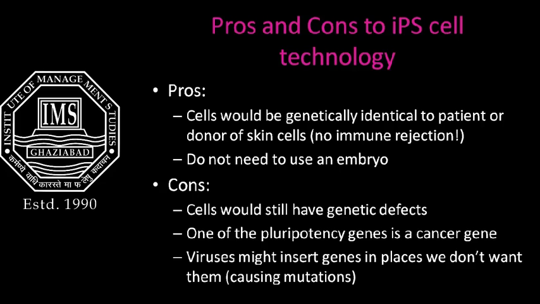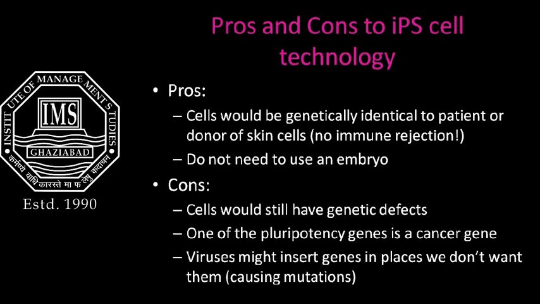This gene is used to stimulate the cells to start dividing again, and it must be controlled. If some of the iPS cells turn into cancer cells, then patients might develop tumors as a result of the transplant. Also, since viruses insert these pluripotency genes randomly into the genome, you might be interrupting the normal sequence of an important gene and cause an undesirable mutation.